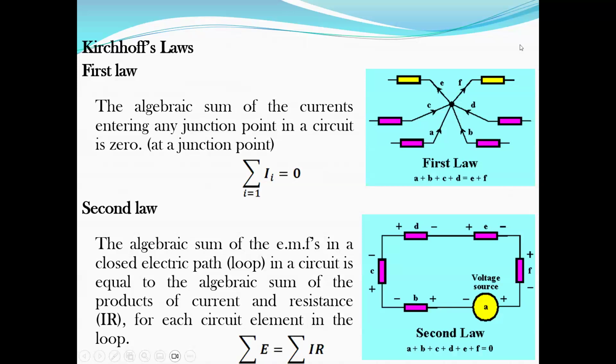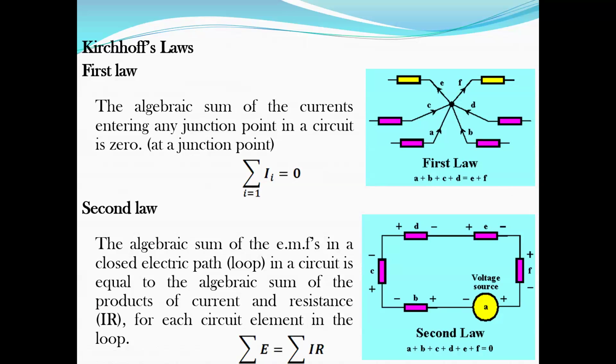Other thing is, sometimes this is difficult. Then Kirchhoff's law. What is the first law? The first law says that the algebraic sum of the currents entering any junction point in the circuit is 0. Then we can find I1, A, B, C, D entering and others going out of the junction.